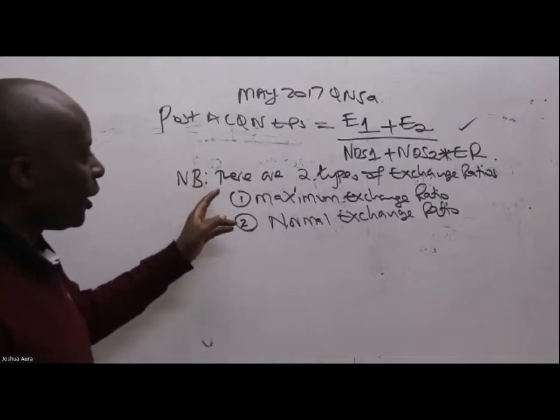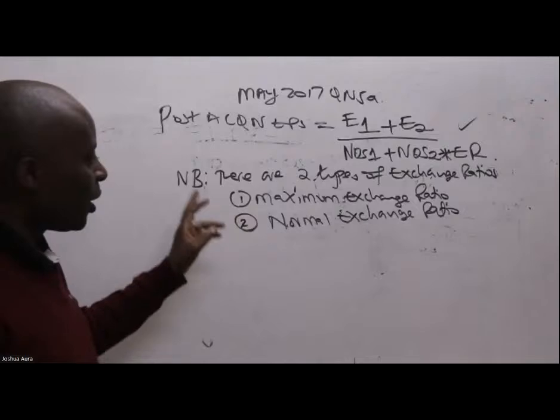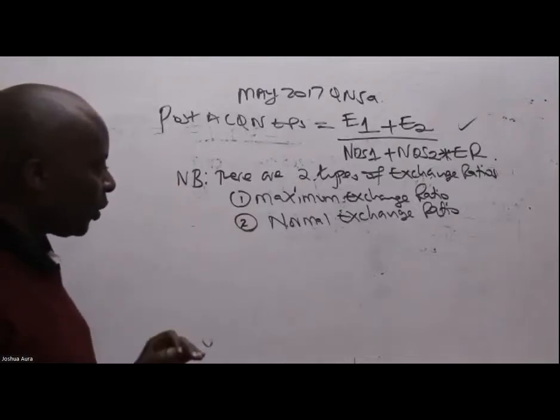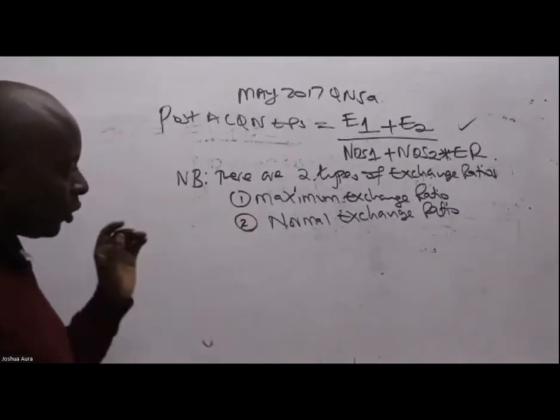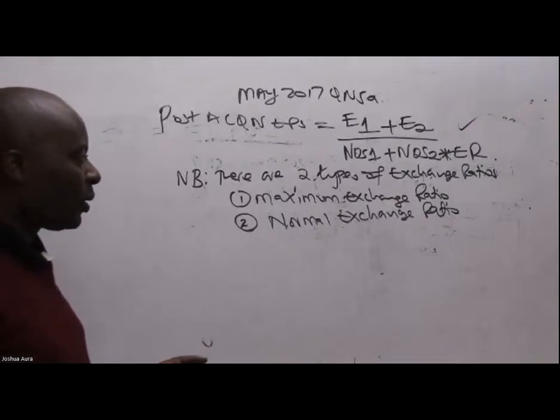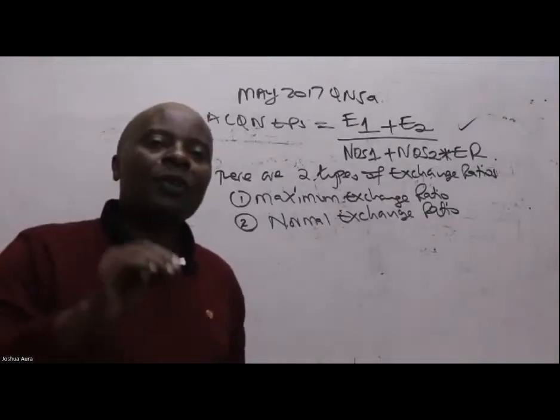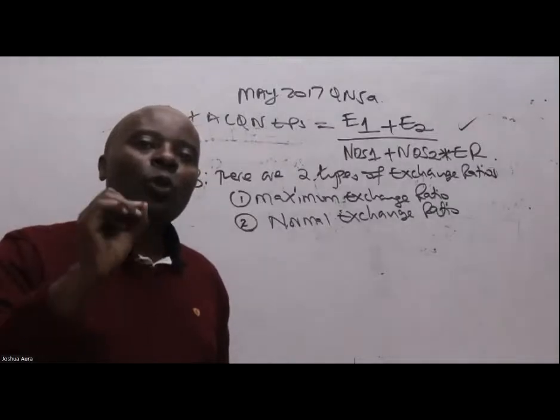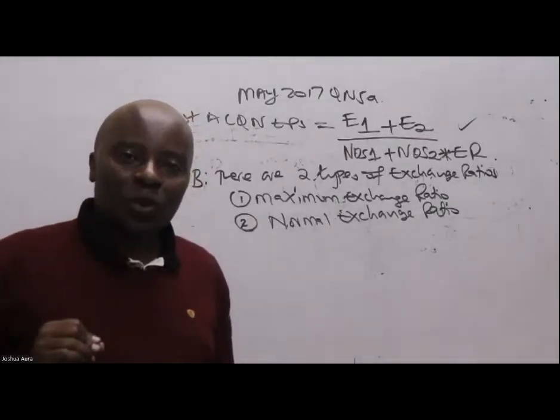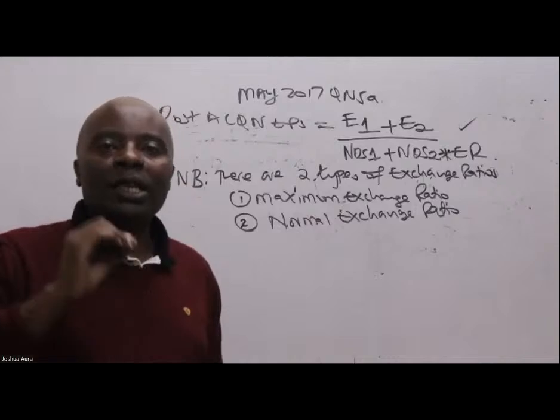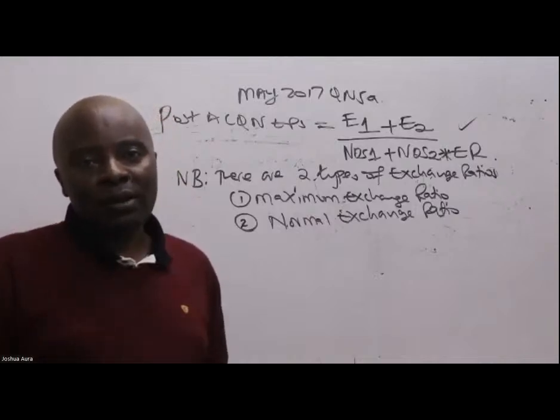Great. So there are 2 types of exchange ratios. Number 1, we have the maximum exchange ratio, and number 2, the normal exchange ratio. If the examiner specifically asks you to calculate the maximum exchange ratio, there is a formula that I've always wanted you to cram.